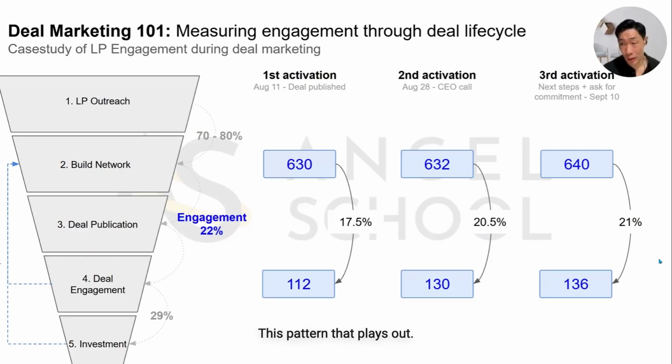This pattern that plays out basically says that in this case study, 70 to 75% of deal interest comes from the first activation when we publish a deal out to investors.